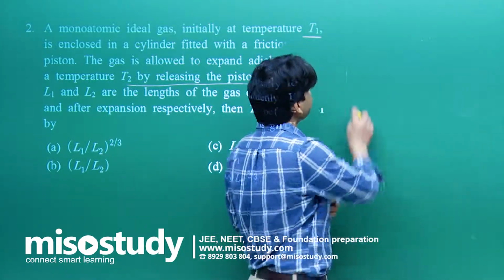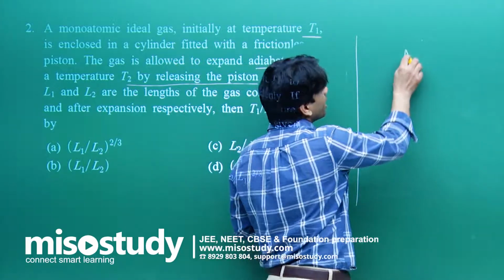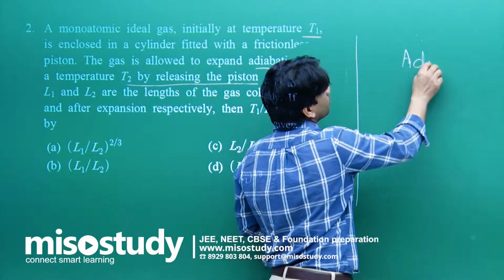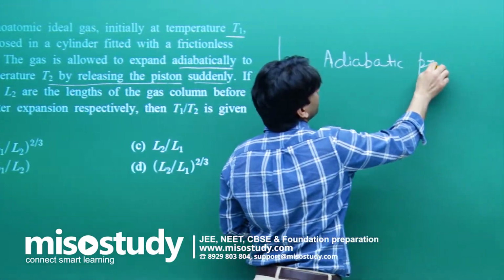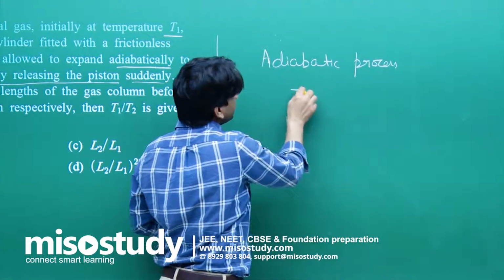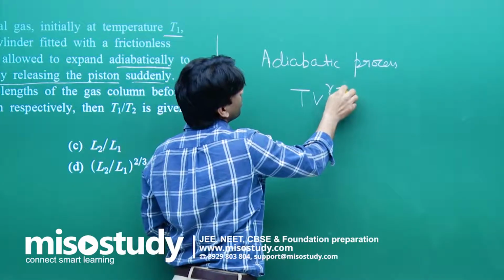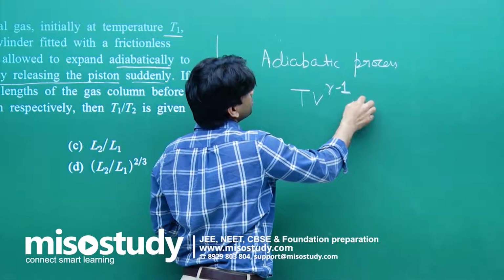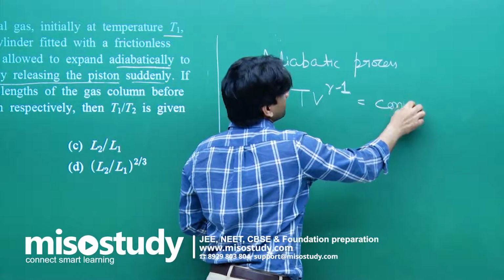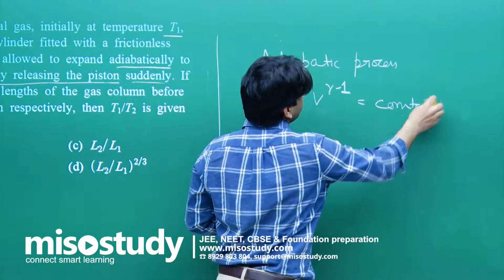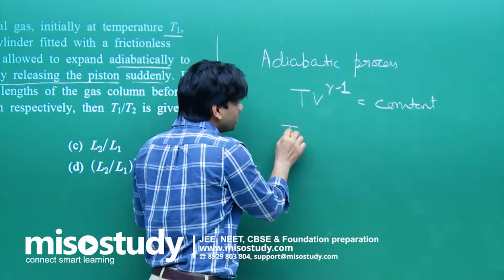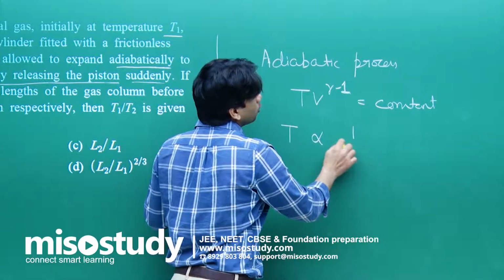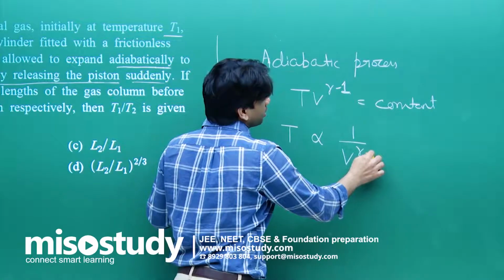So first of all, for an adiabatic process, we know that we can write TV power gamma minus 1 is equal to constant. So we can write that temperature is proportional to 1 upon V power gamma minus 1.